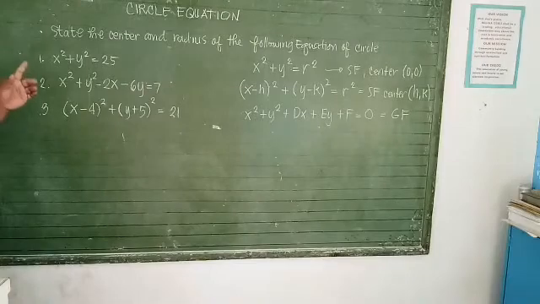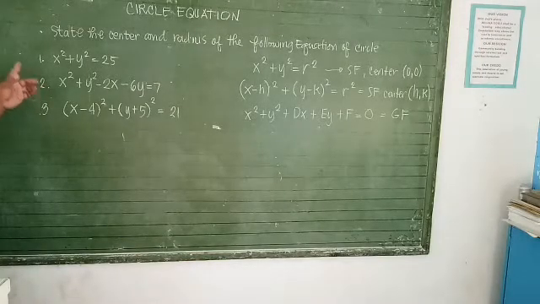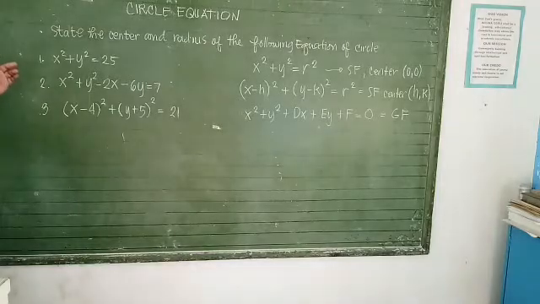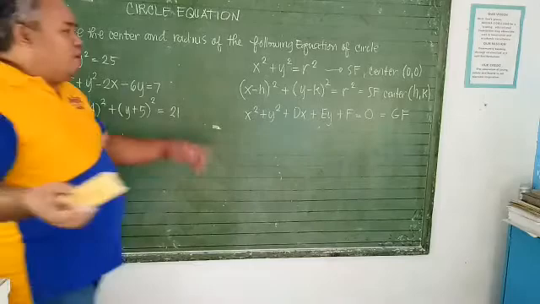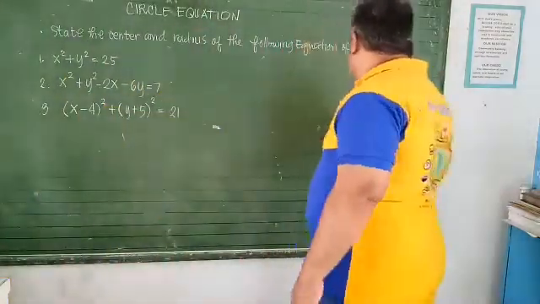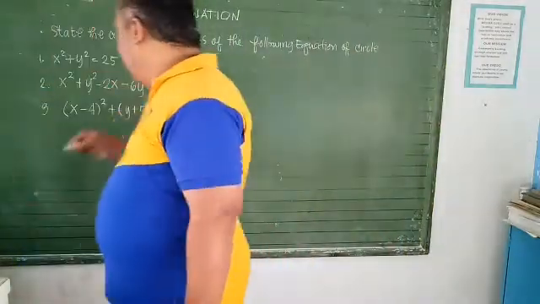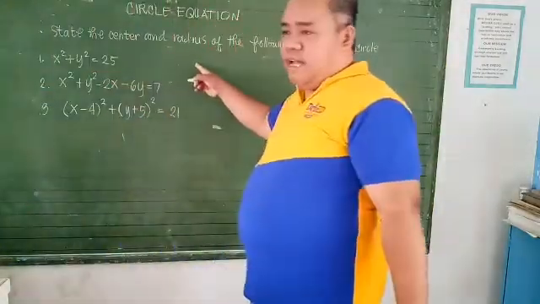State the center and radius of a circle for each of the following equations of a circle. So we're going to find the center and the radius of this circle. Let us erase this one. In number 1, what you notice is that this is actually a standard form.